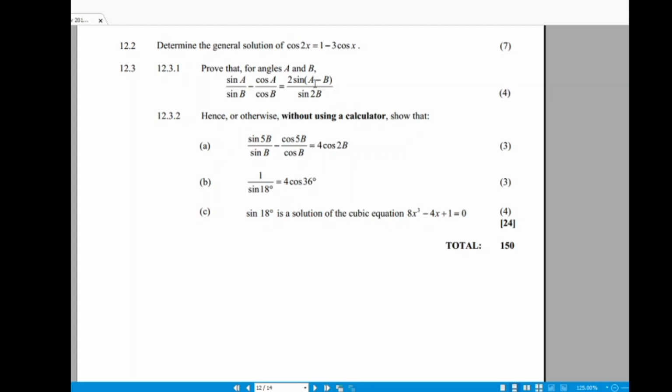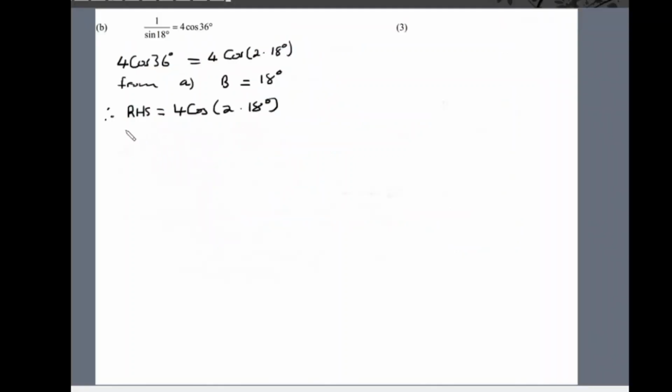So from question A, okay, this will be equal to 2 times sine 5 times 18 degrees minus 18 degrees divided by sine 2 times 18 degrees, right?